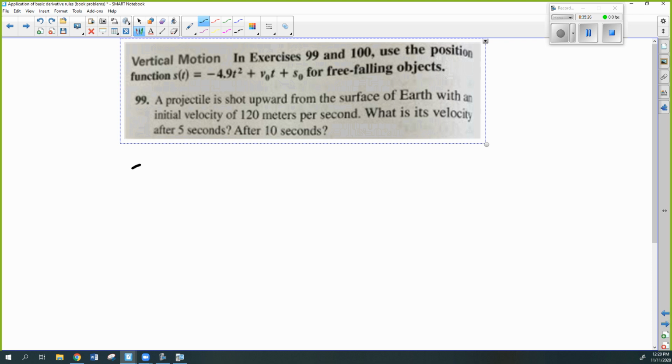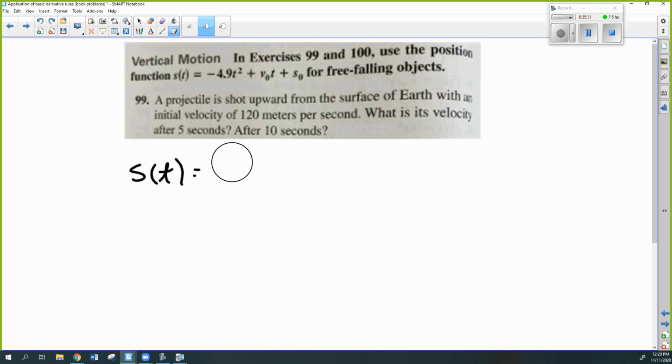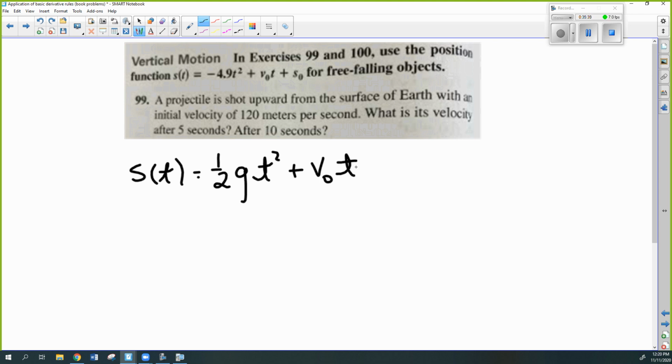So technically, the position function is still based off of the same 1/2 gt squared plus initial velocity times t plus initial position, but g is negative 9.8 when you're working in meters.